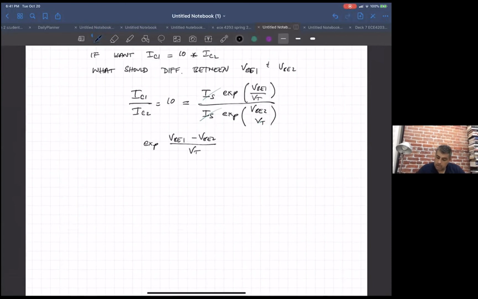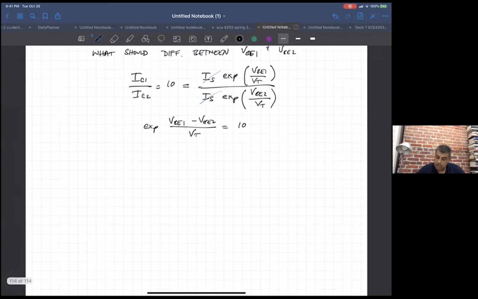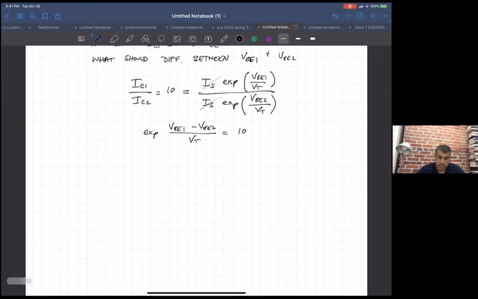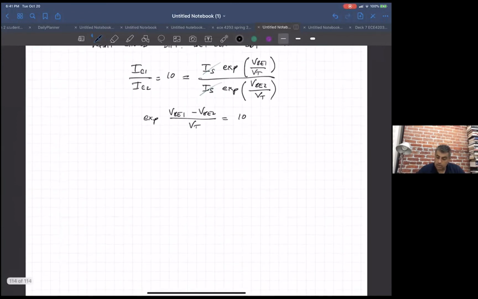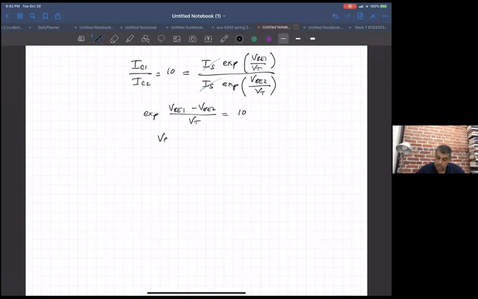That one has to stay. Over VT is equal to 10. I just got rid of the I sub S's. So I take the natural log of both sides. So VBE1 minus VBE2 is equal to the natural log of 10, and I'm going to bring the VT over to the other side.